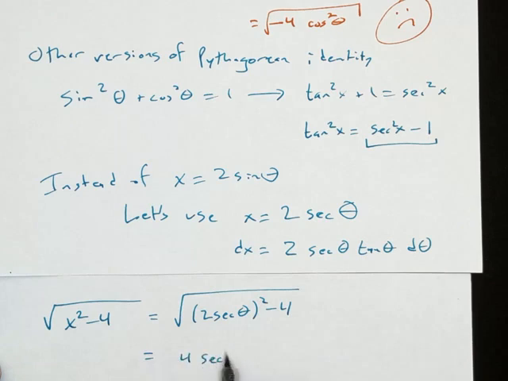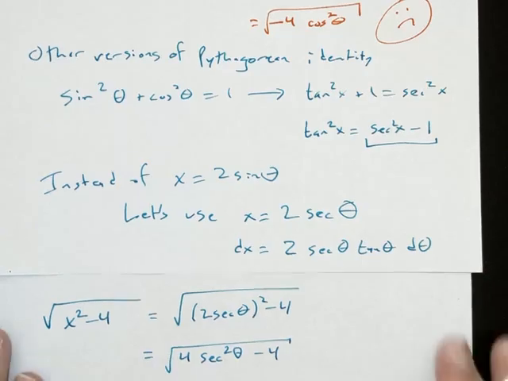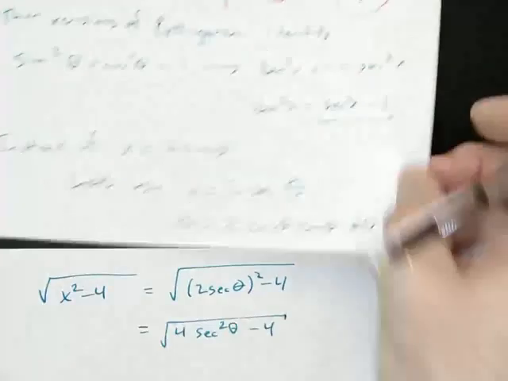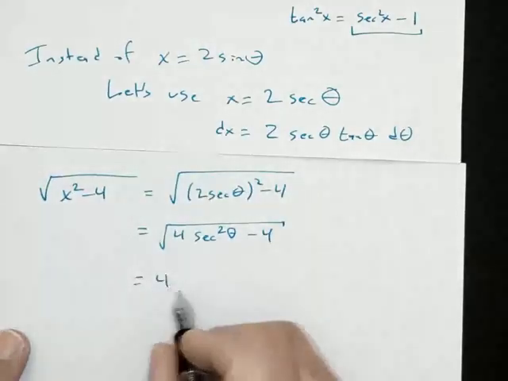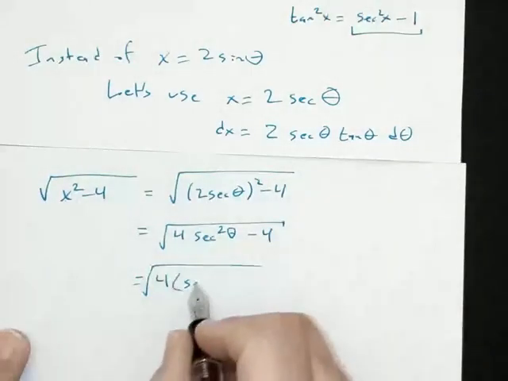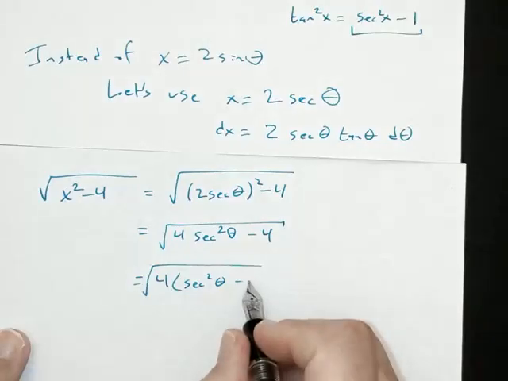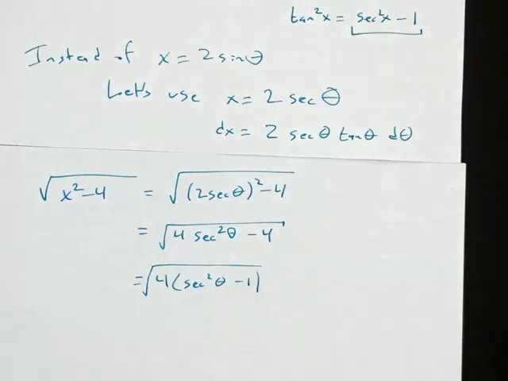And that gives me 4 secant squared theta minus 4. Now when I pull out that 4, what do I get under that square root? I get a tangent squared.